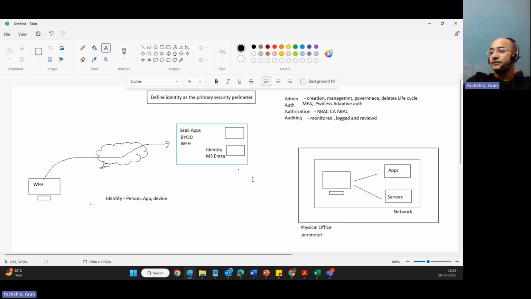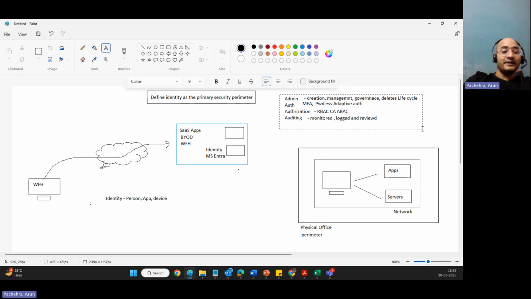So I hope this topic under SC fundamentals, security and compliance, is clear now. We understand why identity is the primary security perimeter, because the entire way of working has changed. We have different kinds of demands in the modern environment. And in order to make the identity security perimeter best, we should have a well-structured identity infrastructure, which includes administration, lifecycle management, if possible fully automated, and authentication.